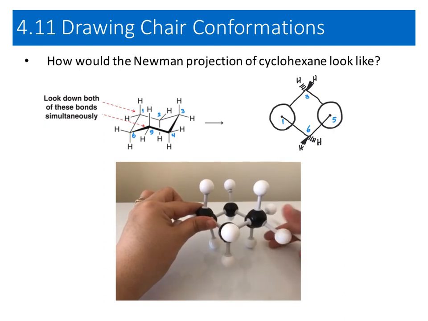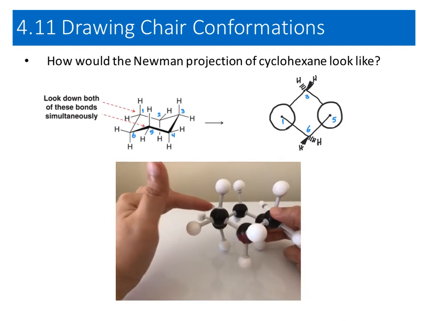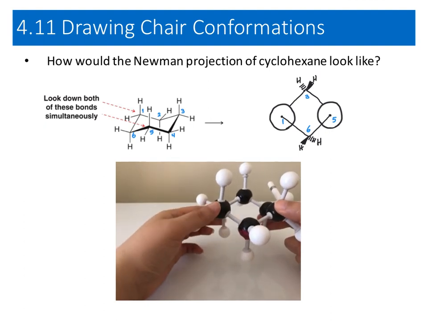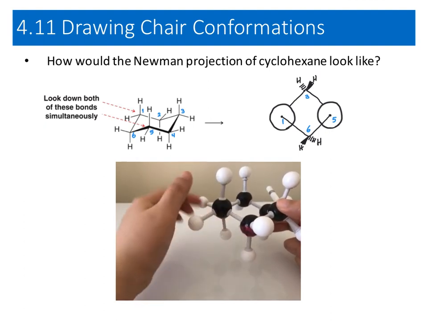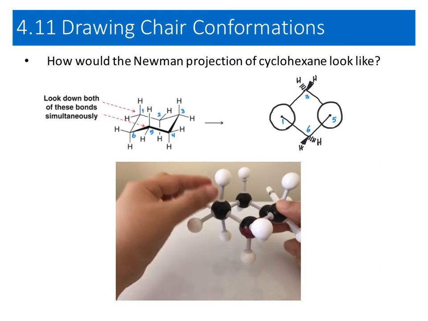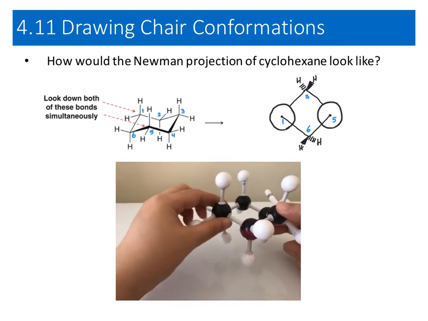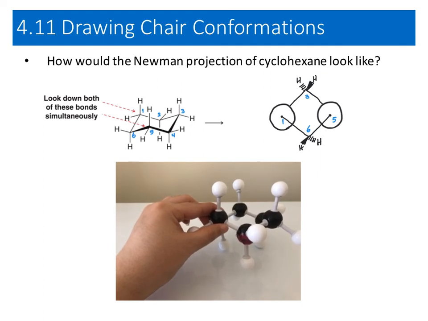Now, we need to look through carbon 1 and carbon 2 bond and draw what we see. So to carbon 1, there is a CH bond going up and CH bond coming to the side. So I'm gonna draw that going up and to the side.